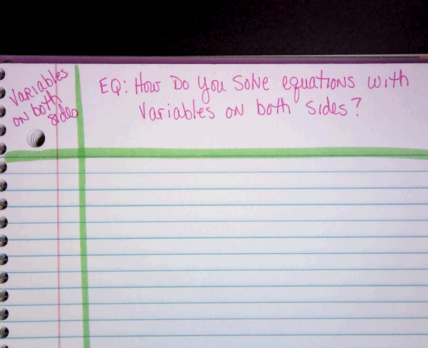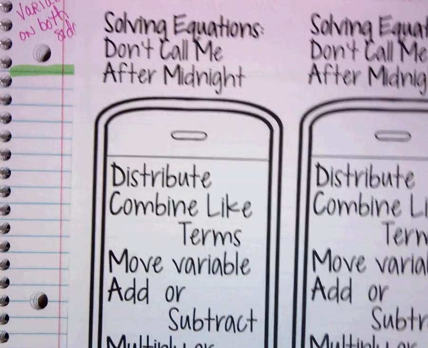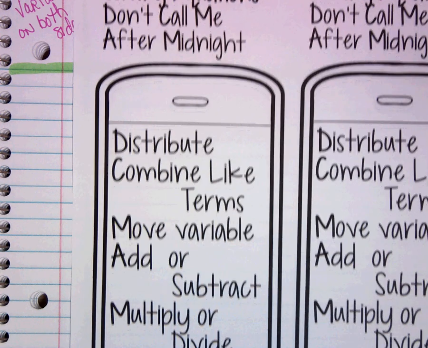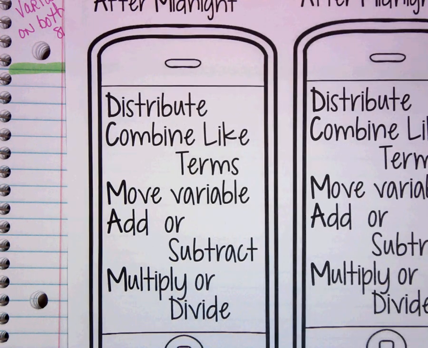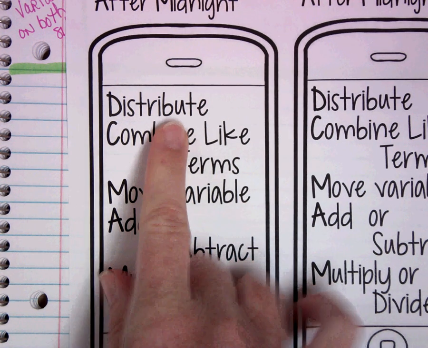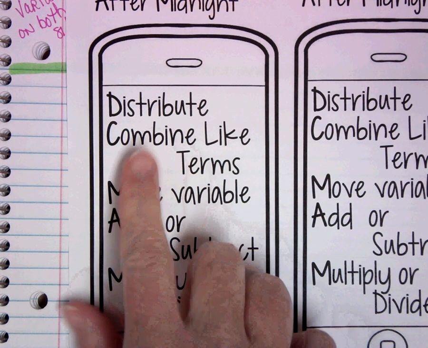And one of them was this little picture that says, solving equations, don't call me after midnight. Okay? And so these are just kind of the steps that you always want to think through as you're solving an equation. The D stands for distribute. We're going to talk about later that the first thing we always need to do is get rid of our parentheses and distribute.